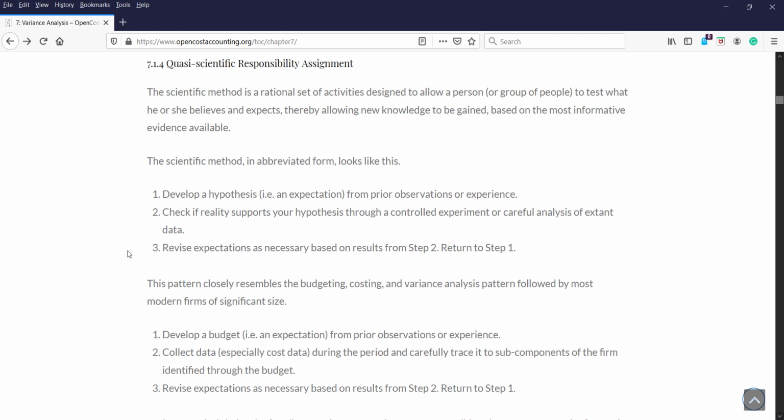And then we're going to use that to communicate that information to the decision makers so that we can improve our next steps going forward. We can improve what we do, either to A, adjust our expectations, or B, change our procedures so that we reach those expectations more efficaciously.